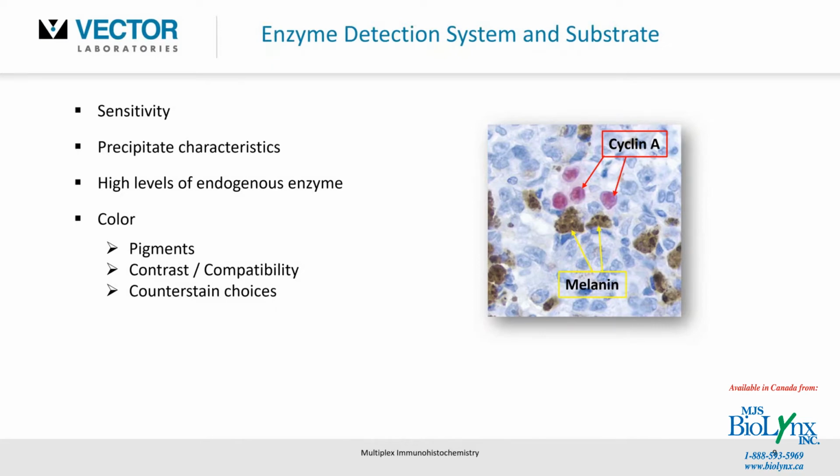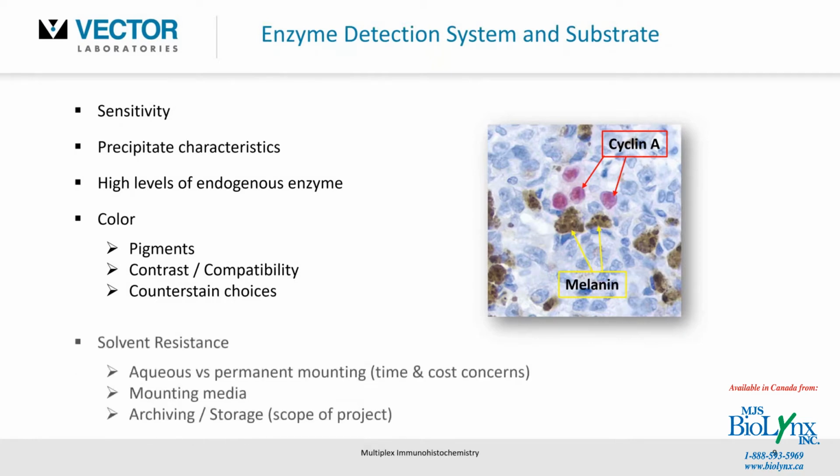You want clear, unequivocal demarcation of those target antigens. And have a look at the staining here we've got for hematoxylin, contrasting nicely against both of the target antigen stained with cyclin A, as well as the inherent melanin there. We'll talk a little bit about some counterstain choices a little later on in the webinar.